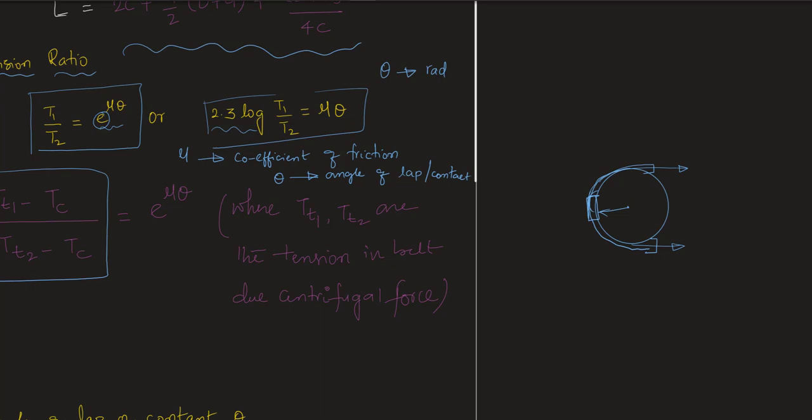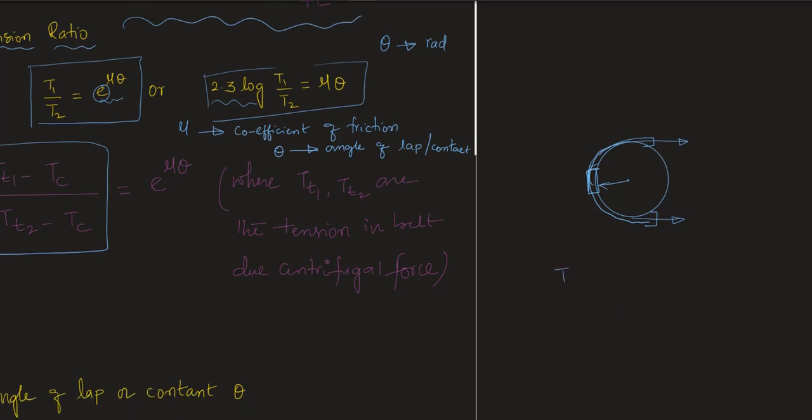since the pulley is always rotating, the belt will be subjected to a centrifugal force, and that centrifugal force is represented as Pc, which can be calculated by mv square, where m is the mass of the belt and v is the velocity of the belt.